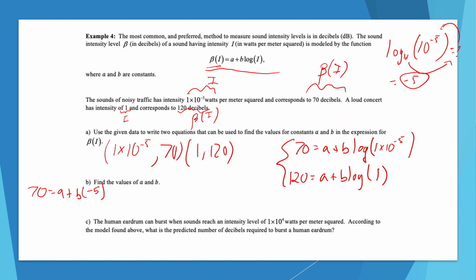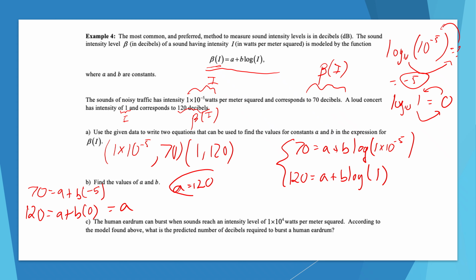Our next one is 120 equals A plus B, and what's log base 10 of 1, right? Think about it. 10 to what power will get you 1? Anything to the power of 0 is going to get you 1. So this should be B times 0, which is just A. So now we know A is equal to 120, right?